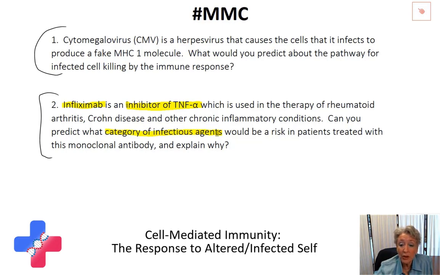Can you think about what category of agents would be particularly problematic and explain why that would be so? I will let you stop your video and think your way through this for a while. And when you come back, when you're ready to come back with your own thought processes, we will work through it.